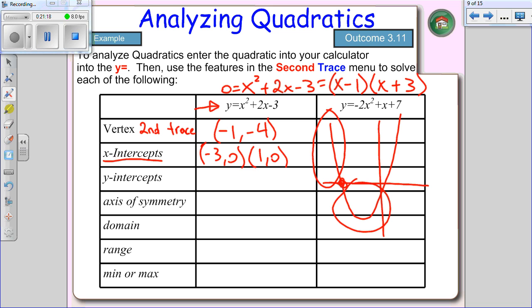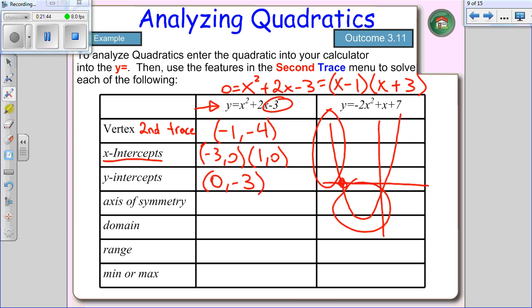Okay, let's do the y-intercept. Who knows what the y-intercept is? It should be your c value. So our y-intercept is just 0, -3. It's whatever your c value is. The axis of symmetry. So what is this line right here?